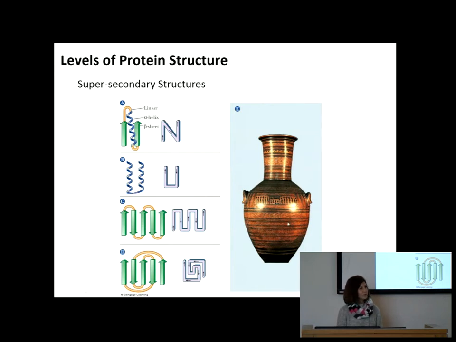So here you start out with a beta sheet, and then you make a little beta meander in the middle, and when you're done with the beta meander, you come out and do another beta sheet. This happens enough in our protein structures that we name it the Greek key, which looks like this structure on this ancient Greek vase.